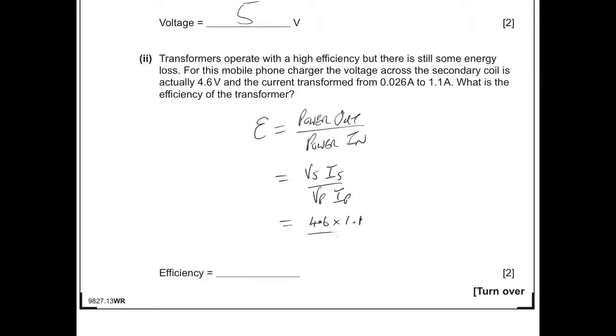And then we just substitute our values. So we've got 4.6 times 1.1 and 230 times 0.026 on the bottom line. And if we put that through the calculator, we get a value of 0.846 roughly. And so 0.85 to 2 significant figures would be fine.